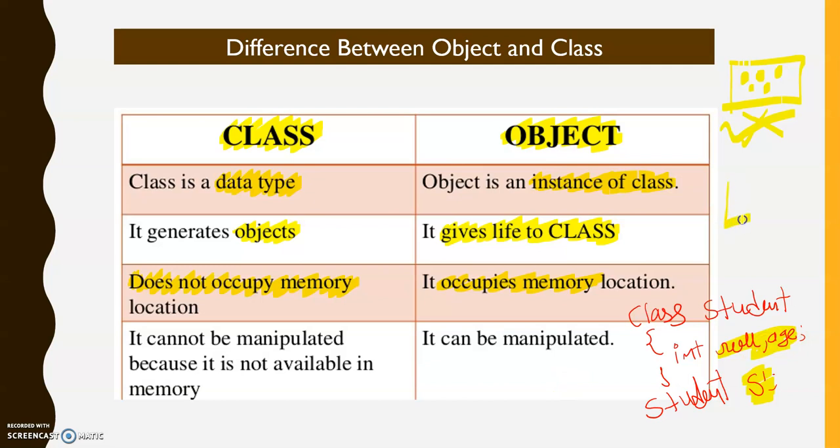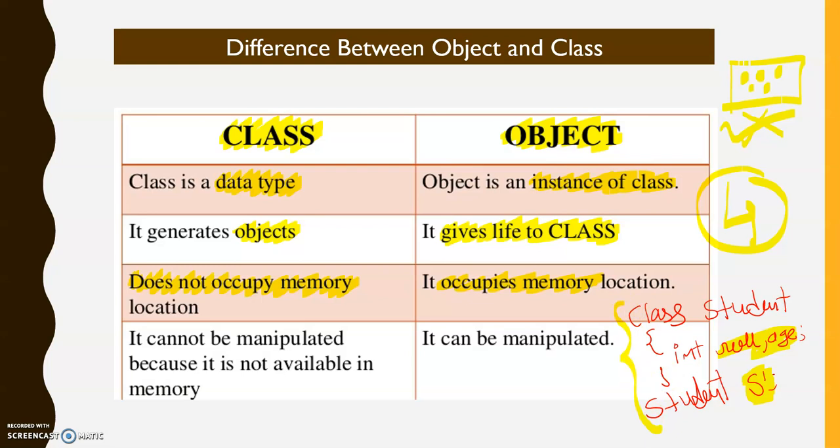It occupies 4 bytes, right? So this S1 object will occupy 4 bytes. So it requires memory. We can say that an object occupies memory while a class does not occupy any memory, because a class is the code we write, so it does not require any memory.